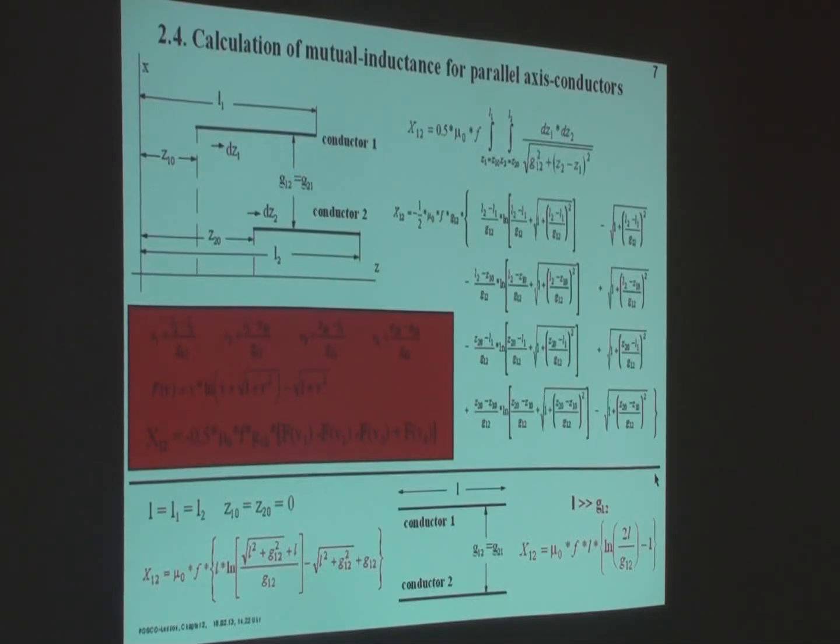X11 is times ln R to R, and then minus ln that.